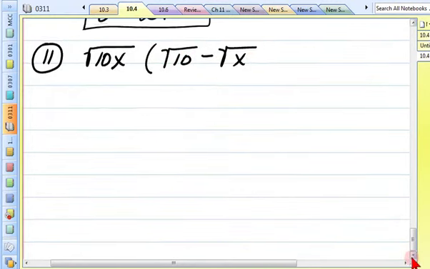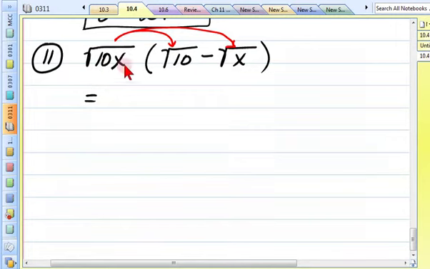Am I going to use FOIL this time? No, I don't have 2 terms times 2 terms. What technique am I going to use? Distributive property? So that's going to give me, and if you want to, we'll just multiply it, the whole thing.